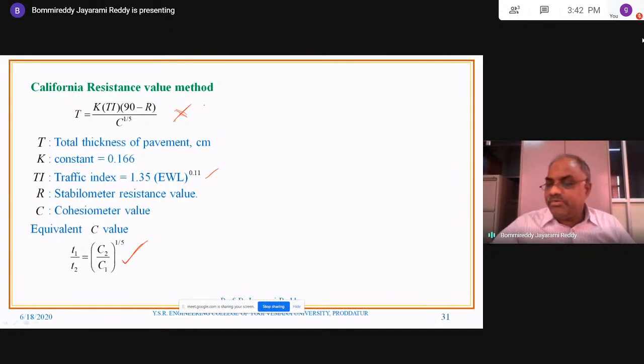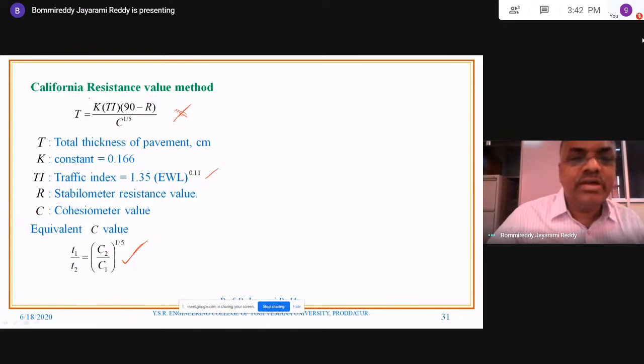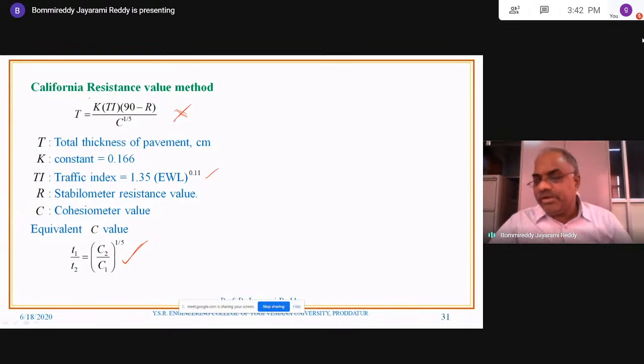Sometimes a question may be: which one of the following is not a flexible pavement design method? You already know several different methods, 6 methods are there, and the meaning of the methods and an overall view of them is more important.